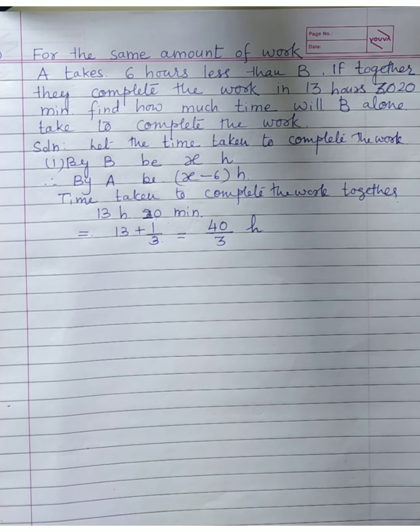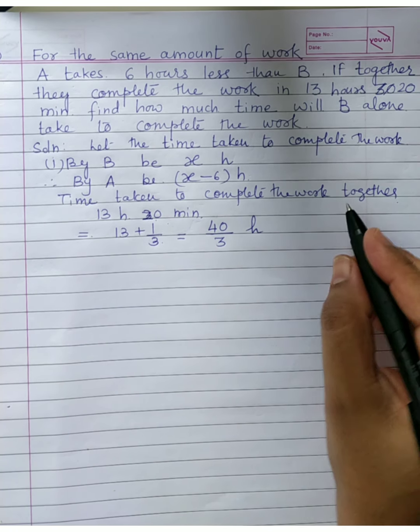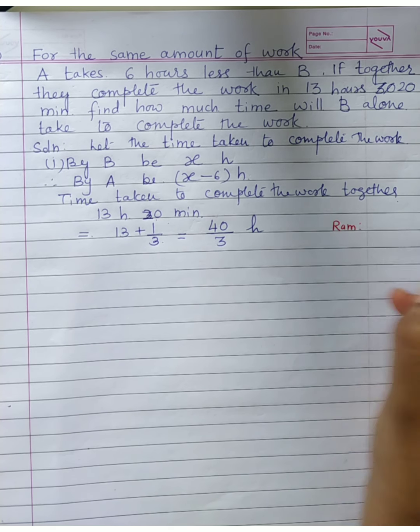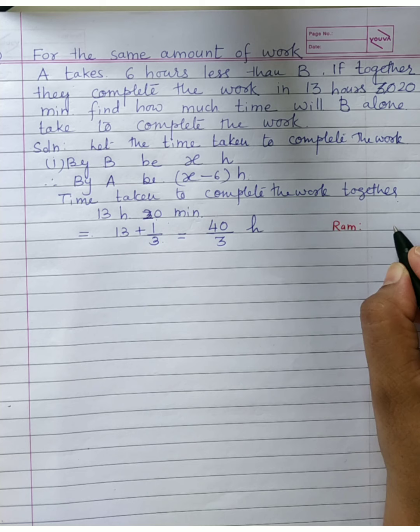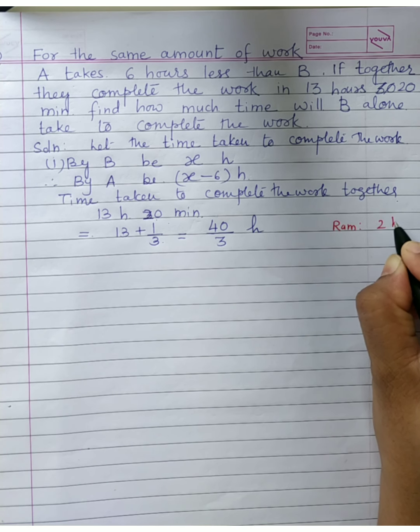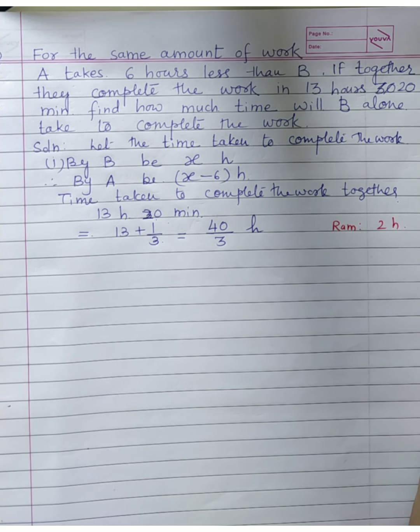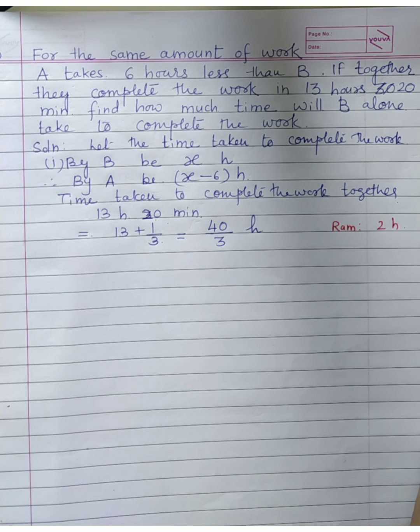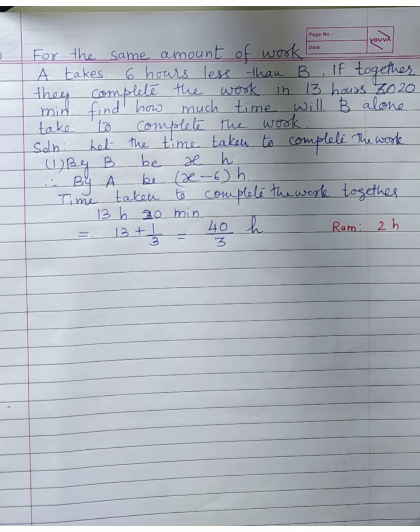Now I'll give you just one simple example so that you will understand the further part. Suppose Ram is completing some work in 2 hours. So think about how much work will be done by Ram in 1 hour. You're getting what I'm saying?